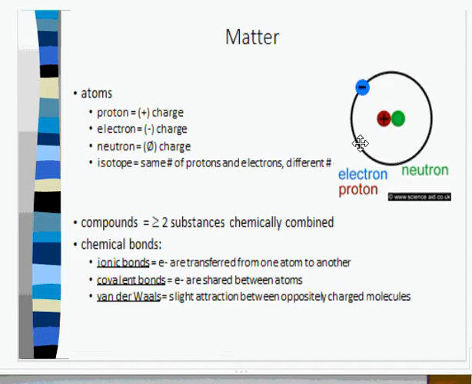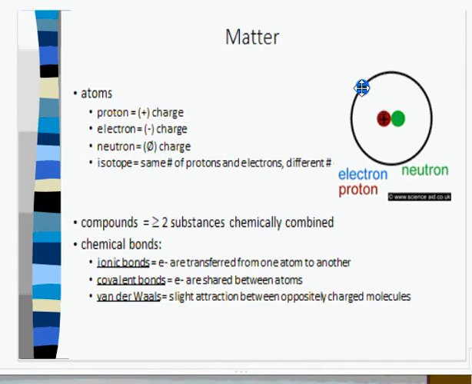An atom is a structure that's made up of three basic fundamental parts. The proton, which has a positive charge, the neutron that has a neutral or no charge, and those two particles are located in the nucleus of an atom.